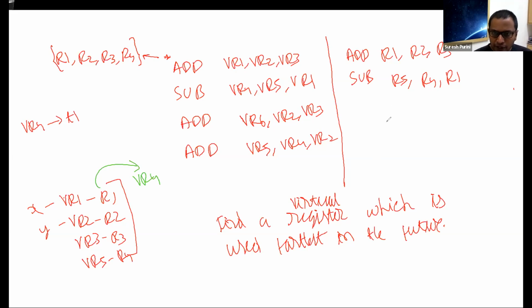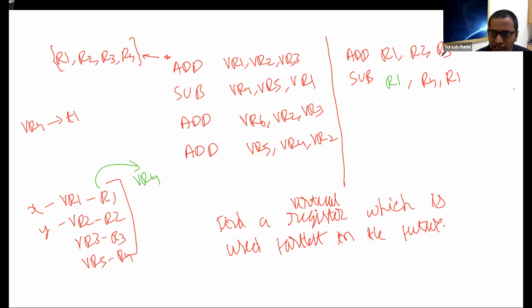And how do we implement that decision? In this place of R5, we would like to use R1 because we want to reallocate register R1 to virtual register VR4.